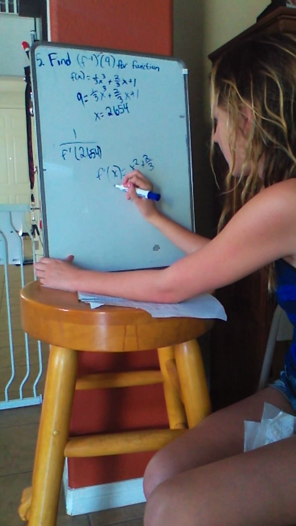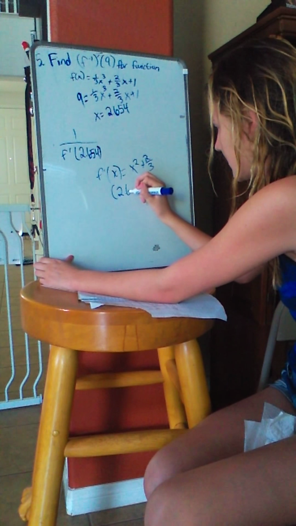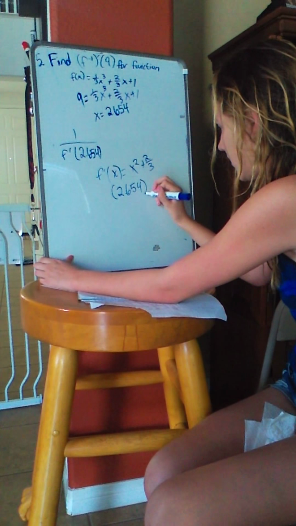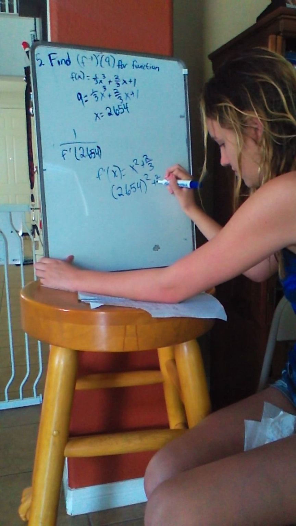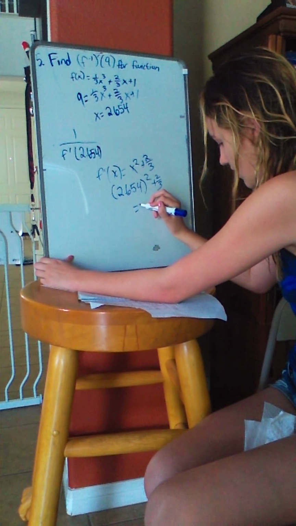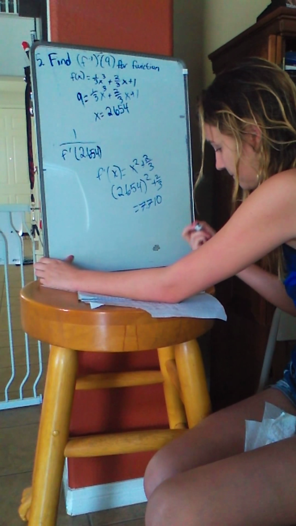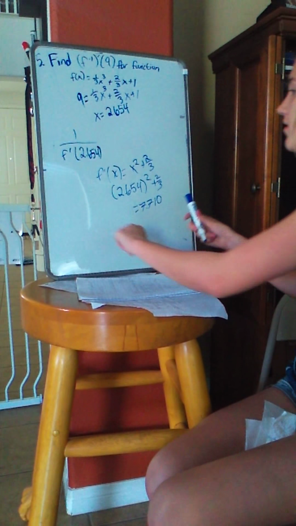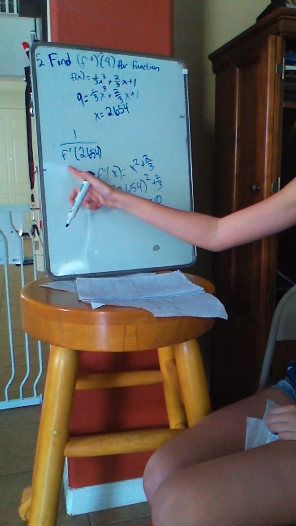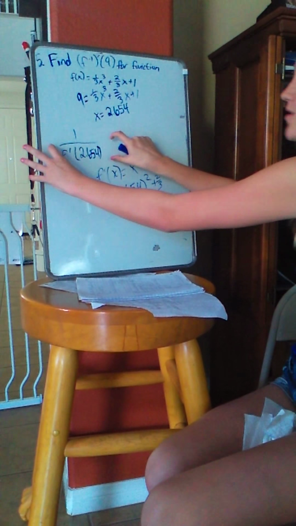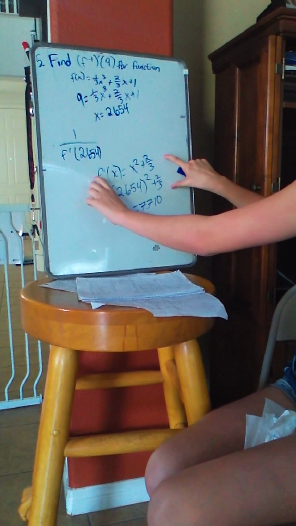And then you're going to plug in for x, which is 2.654 squared plus 2/3, which will be 7.710. And then, since right here, that's what we were trying to find, the bottom portion.